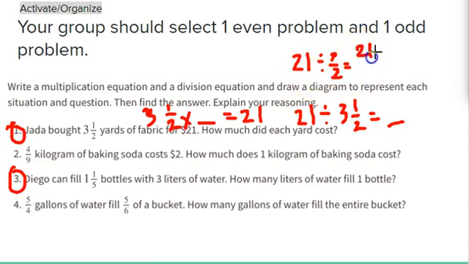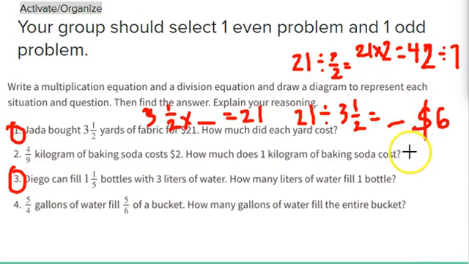So we have 21 times 2 gets us our 42. 42 divided by 7. It's 42, not 47. 42 divided by 7, Mr. Palin. Come on now. Should give us $6 per yard of fabric. Okay.